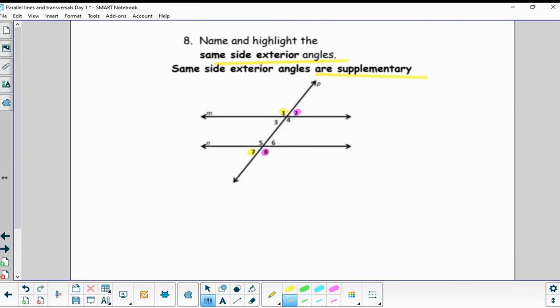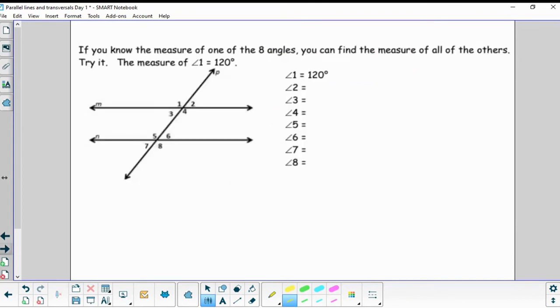They're supplementary, meaning that those two angles add up to 180 degrees. So if you know one, you can find the other. If you know the measure of one of the 8 angles, you can find the measures of all the others in the whole diagram. Let's try it out.